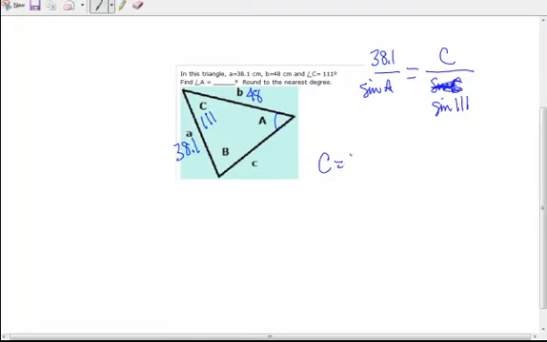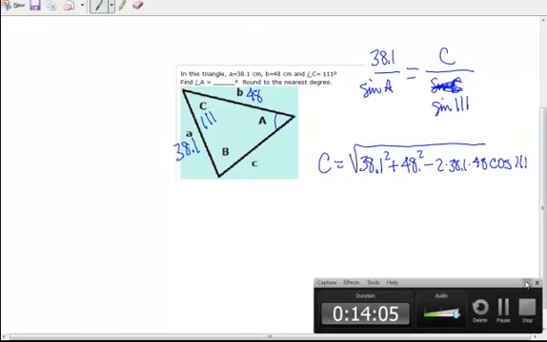C is the square root of A squared, 38.1, plus B squared, 48 squared, subtract 2 times A times B times cosine of 111.